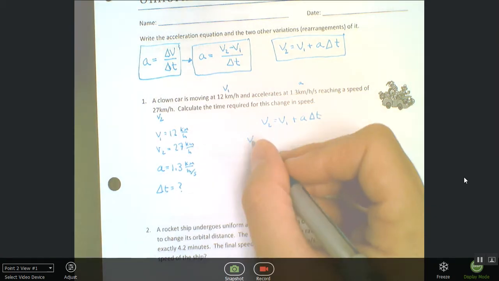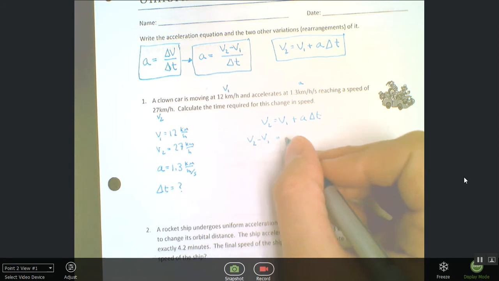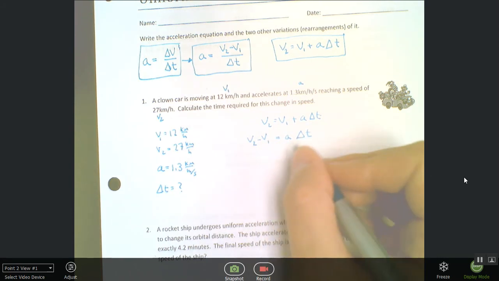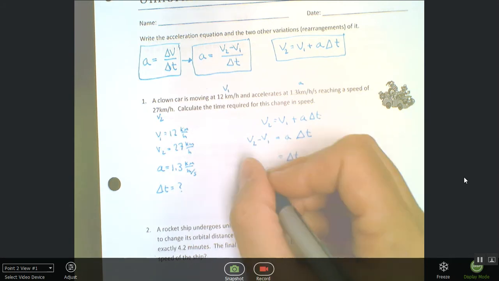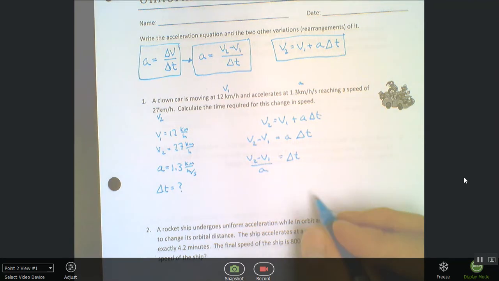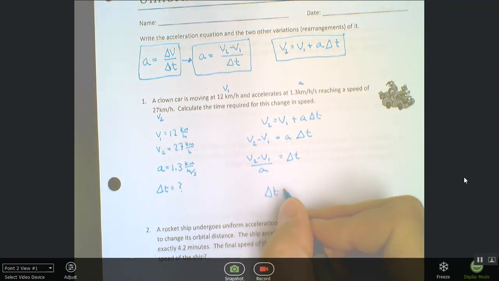You'll see it's simply subtract V1, and then now we've got these two things multiplied, so the time would be V2 minus V1 over a. You plug in your values. Remember to do it with brackets.